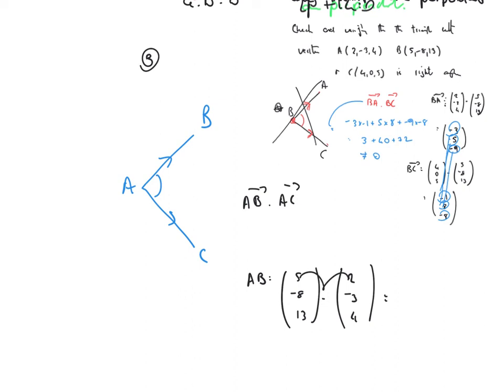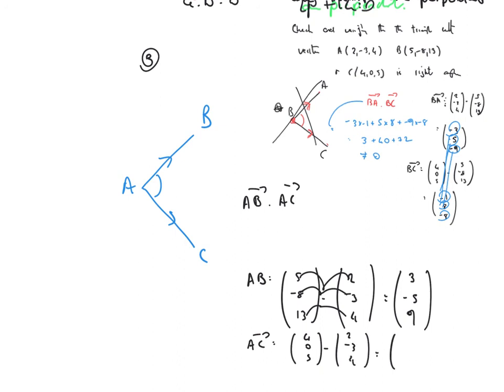So that's 5 minus 2 is 3, minus 8 plus 3 is minus 5, and 13 minus 4 is 9. Okay, I'm now going to try AC. So AC is c minus a, so that's (4, 0, 5) minus (2, -3, 4). Okay, 4 minus 2 is 2, 0 minus minus 3 is 3, 5 minus 4 is 1.